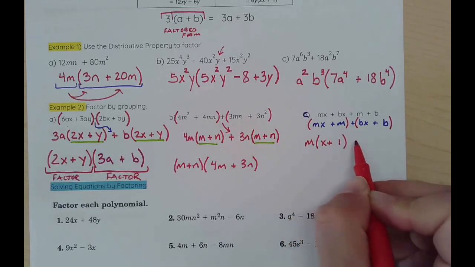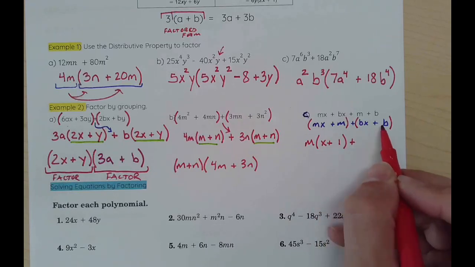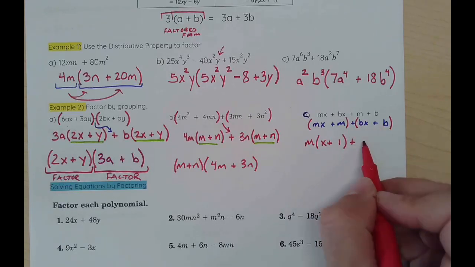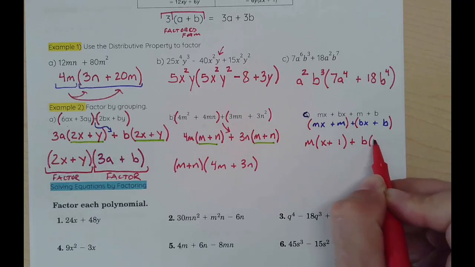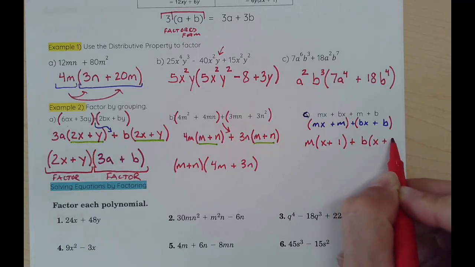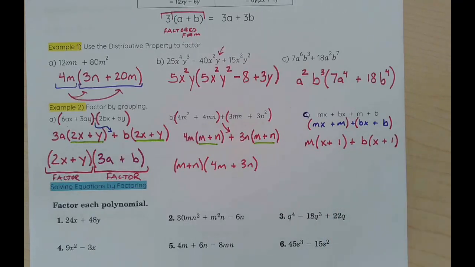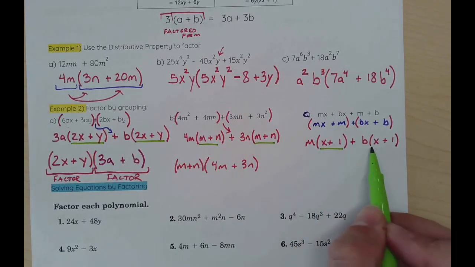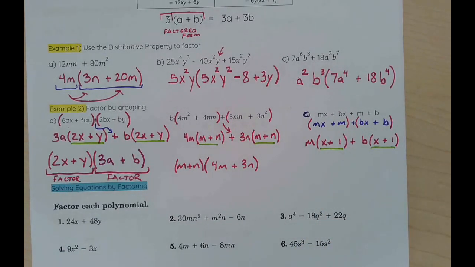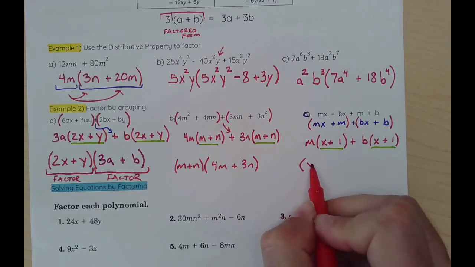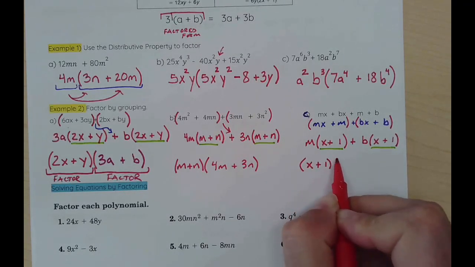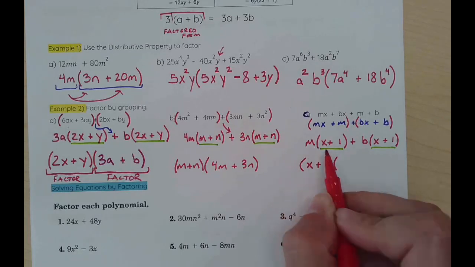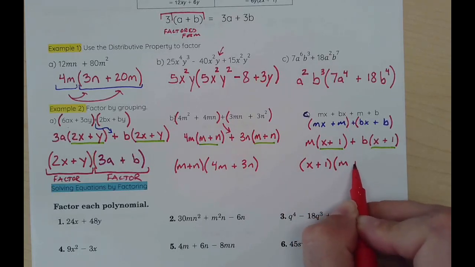And then this group, I can factor out the b, leaving me with x plus 1. Now I have that common factor in each term. If I pull that factor out, x plus 1, I'm left with m plus b.